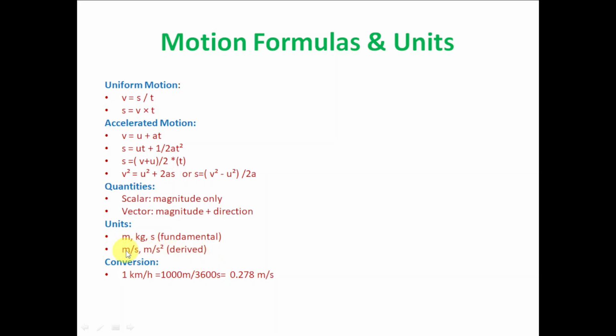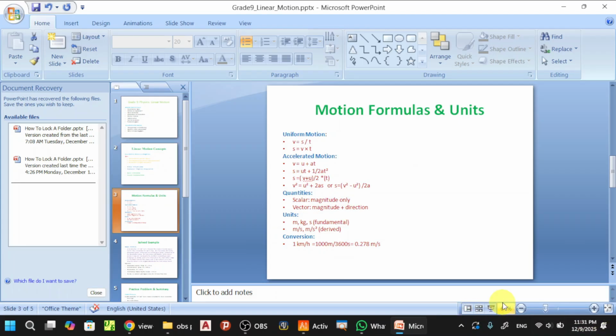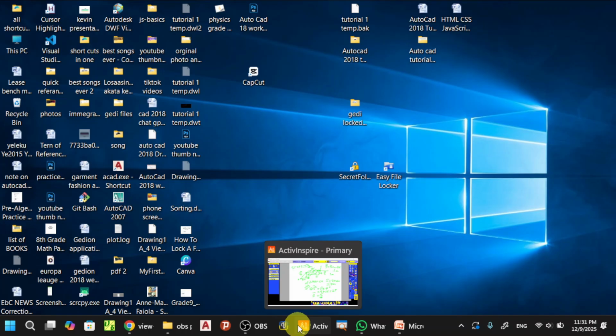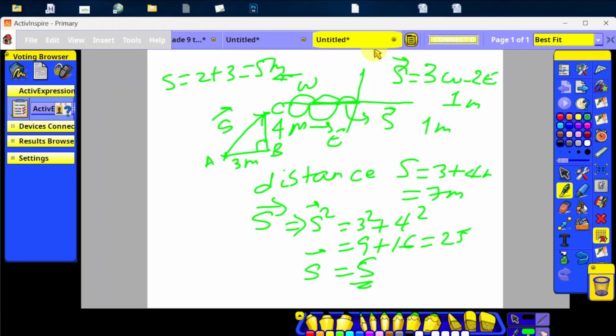So if you are asked which one of the following quantities is a derived quantity, if you know the unit of that, you write the formula. For example, force, let me explain this. Force is equal to mass times acceleration. You will learn this later, but now let me show you.